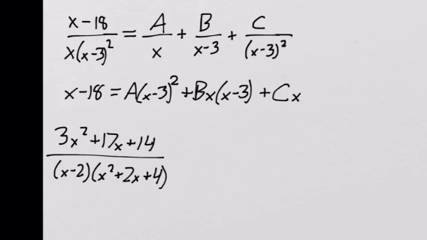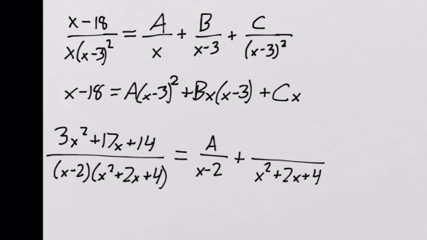In this case, it turns out you cannot factor that x squared plus 2x plus 4. So the rule is, we do an A over x minus 2, just like we would have previously. But now we need something over x squared plus 2x plus 4.